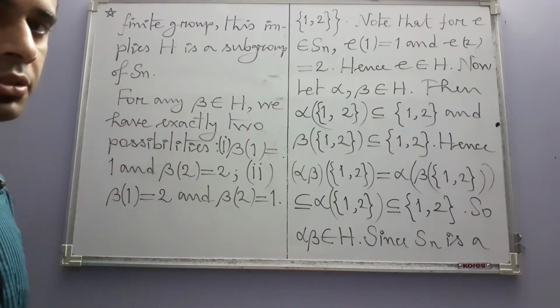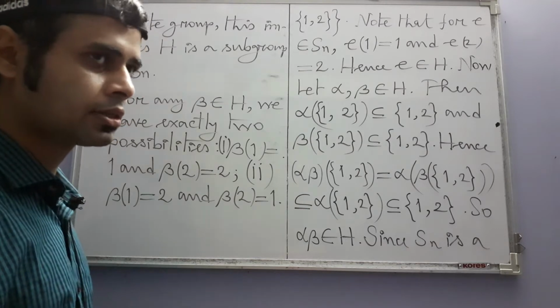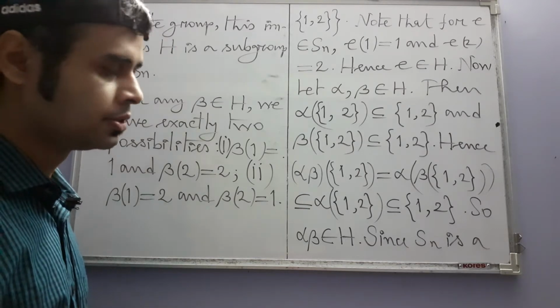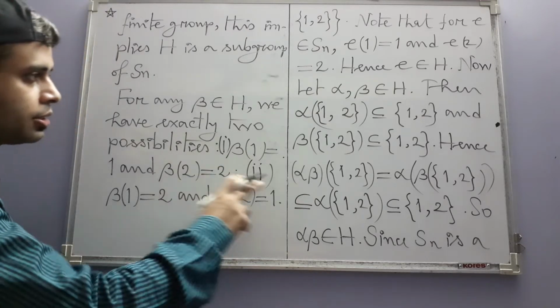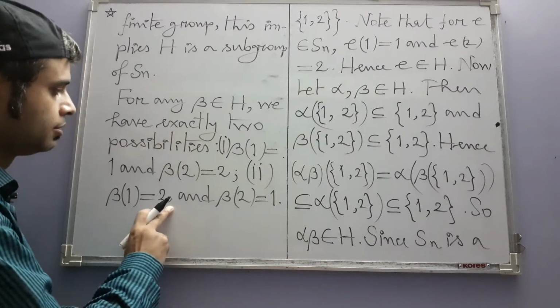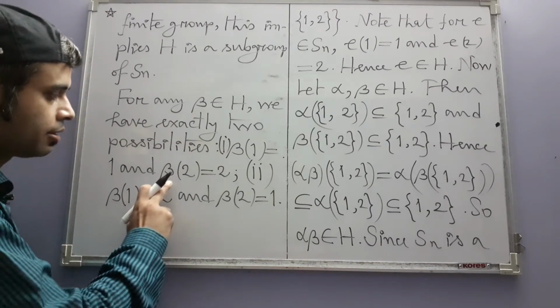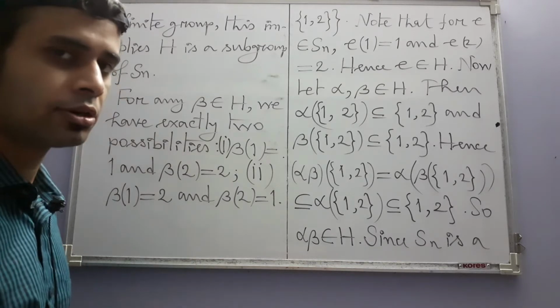Okay, why is it so? Keep in mind that beta is not just any function, but beta is a permutation. So beta is 1 to 1 and onto. The conditions that define the subset H tell us that beta of 1 and beta of 2 are again either 1 or 2.